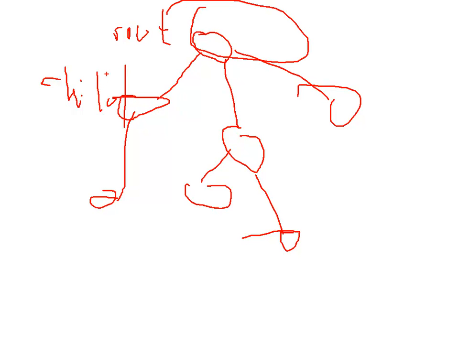These things below the root are children or nodes, depends on how you name them, and all of this we'll call a node. The root is a node, the children are nodes, everything is a node. These things are edges.